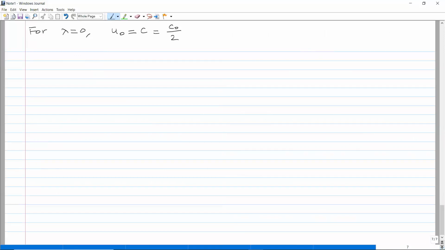So we get the solution C0 over 2 plus the sum n from 1 to infinity, Cn e to the minus alpha squared n squared pi squared t over L squared cosine of n pi x over L.